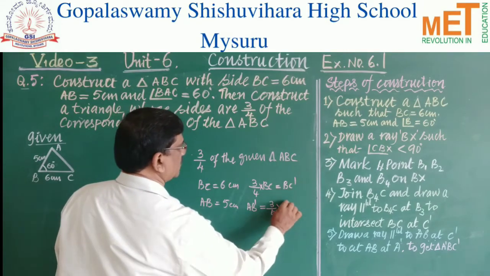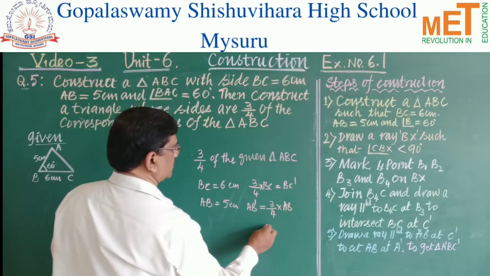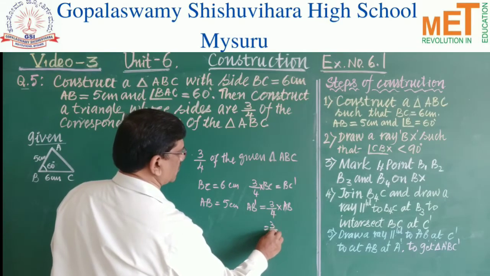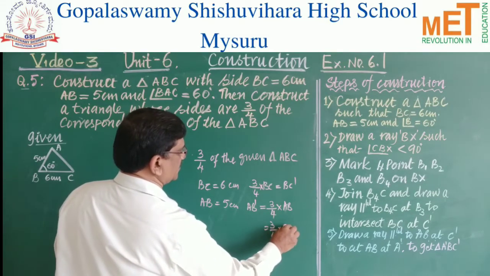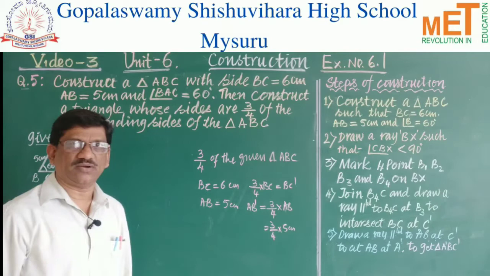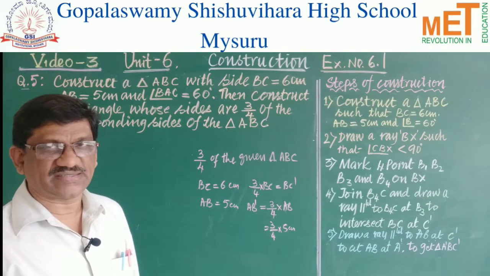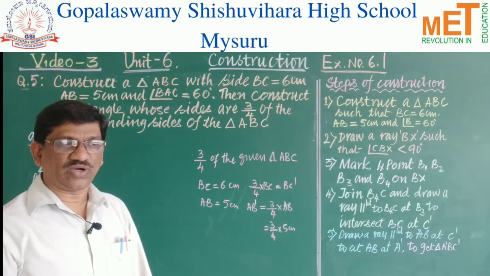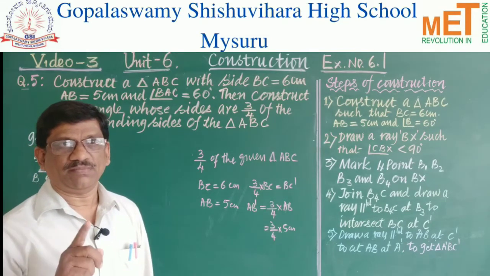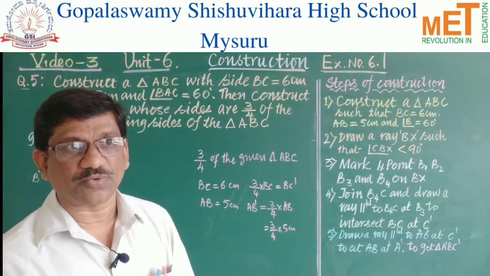That is 3/4 of AB, it has to come. Okay, so we have to construct like this. We have to use only the scale and the compasses, not the protractor.